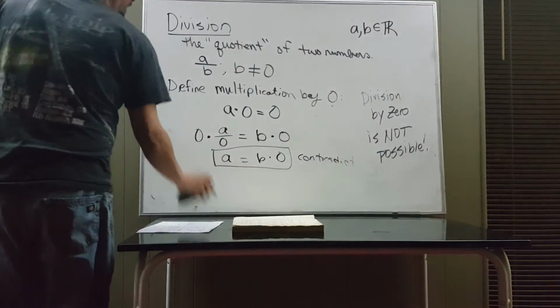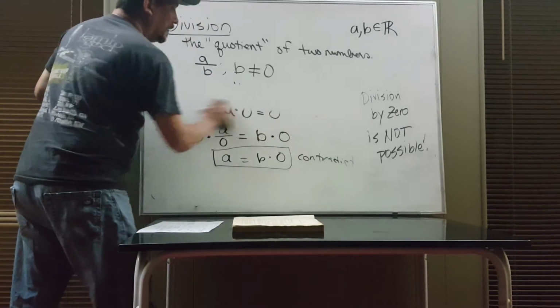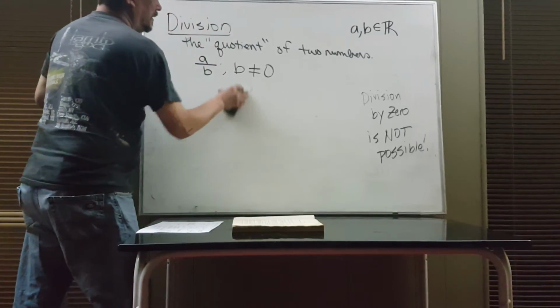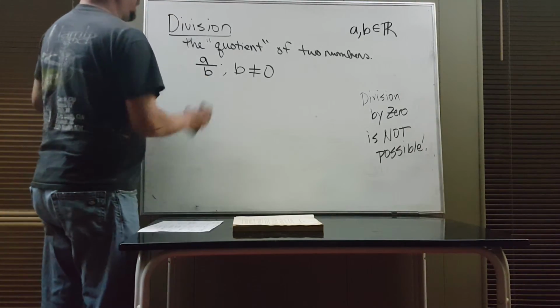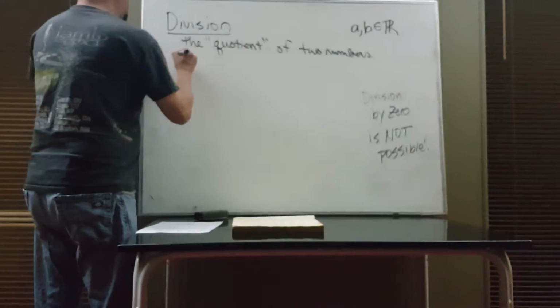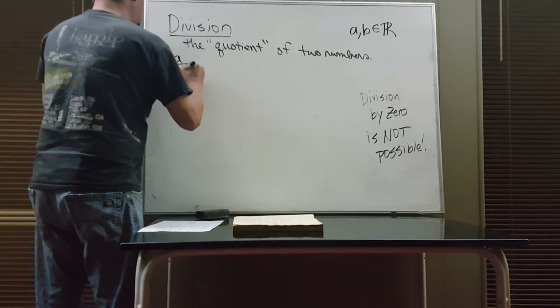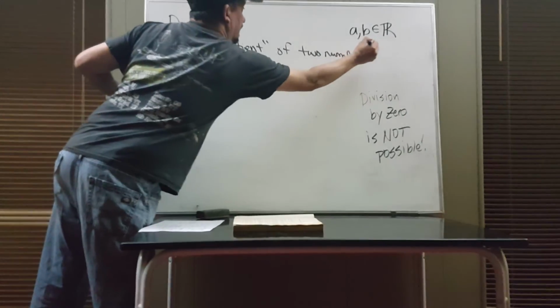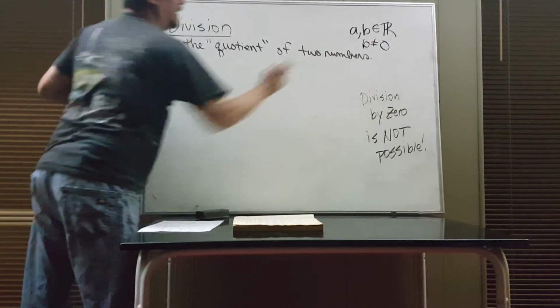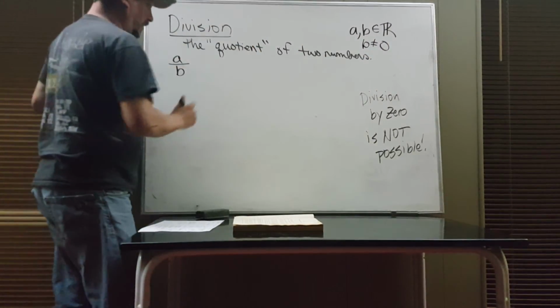And this is why. So let's talk about, real quick, I'm going to conclude with how we denote division. So I already said A divided by B, and in this case, B is not equal to 0. I'm going to go ahead and write that up there so I don't have to write it 100 times over here.